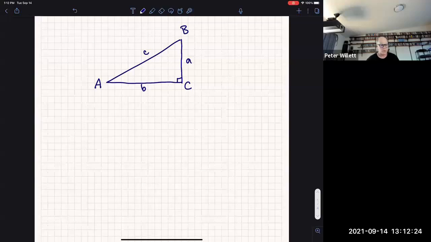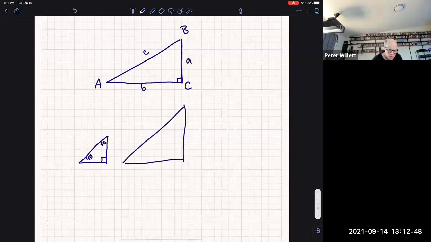So the first example I'm going to point out to you is that, because we looked at something called similar triangles before, it's possible that you could have a triangle that has certain side lengths in it. Let's say the angles were 40, 50, and 90. And then I could have a totally different sized triangle that had the exact same angles, 40, 50, and 90.